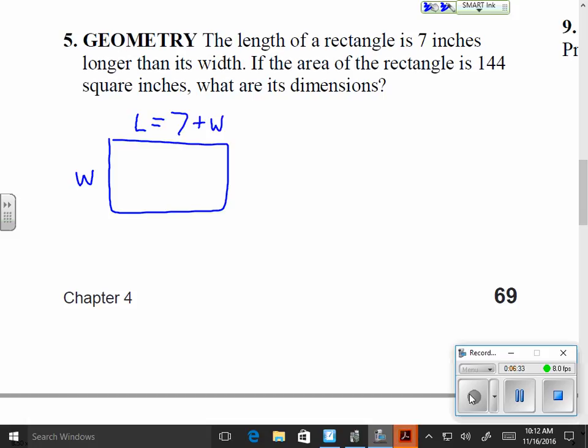So I don't know what the length is, and I don't know what the width is. All I know is that the length is a little bit bigger than the width. And I know that the area is 144, which means area is length times width. So length times width is 144, but 7 plus W is my length.